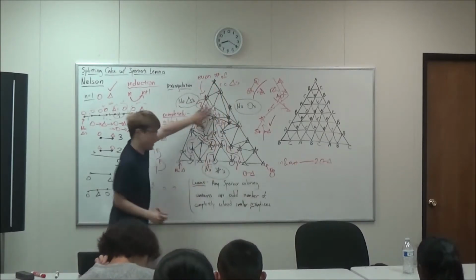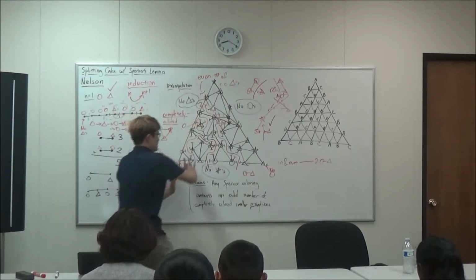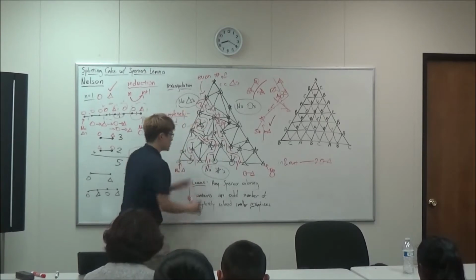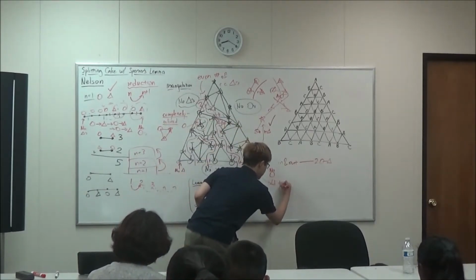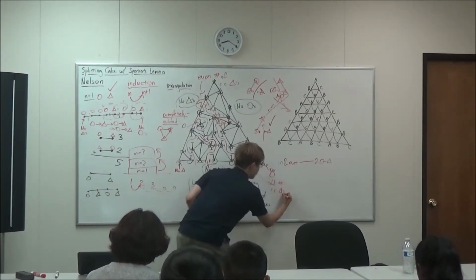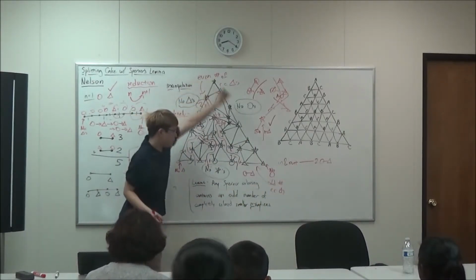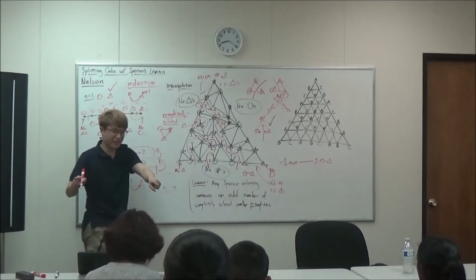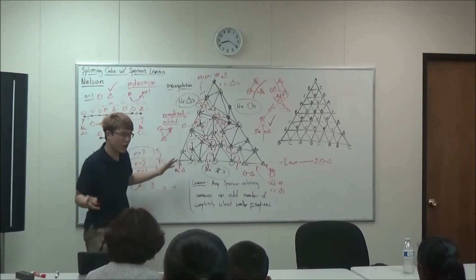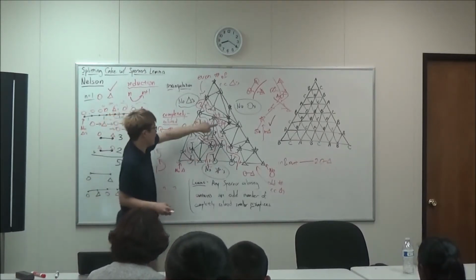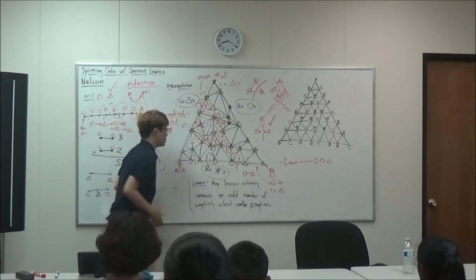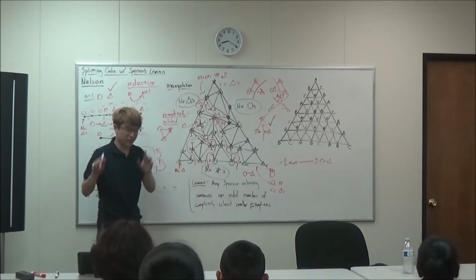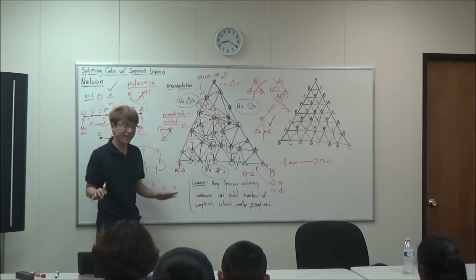Whereas the outer ones, the ones that go in and out, are going to give you an odd number of completely colored triangles. Add this up, an even number plus an odd number is what? An odd number. And so, in total, there has to be an odd number of completely colored triangles. Does that make sense?